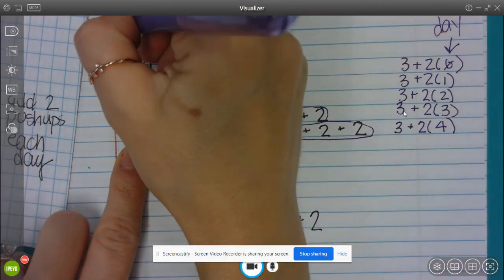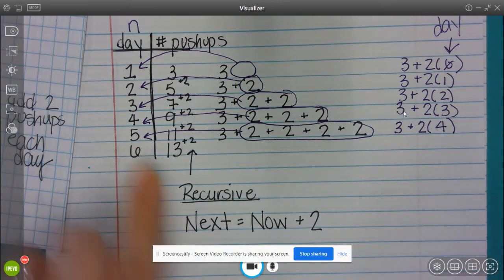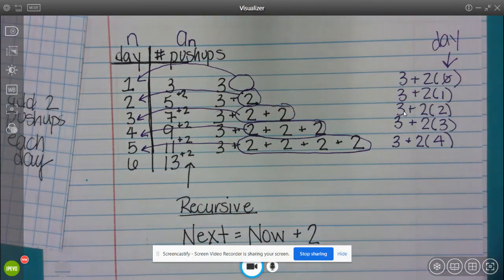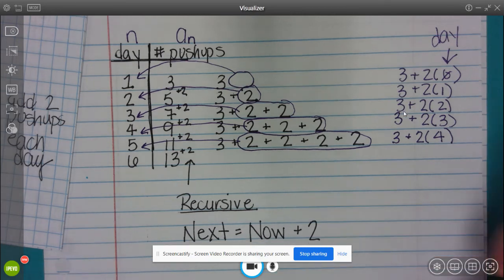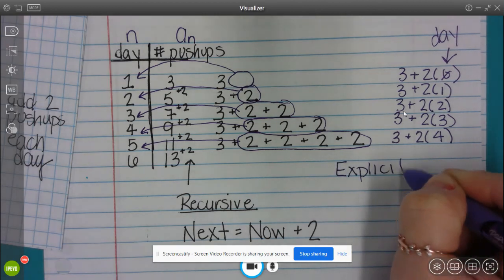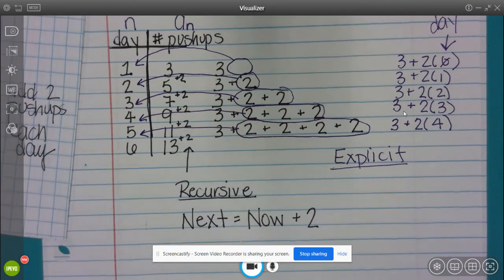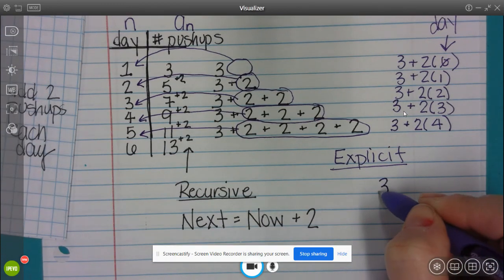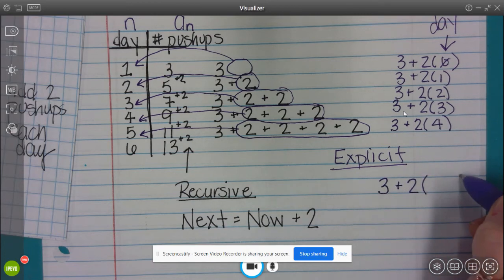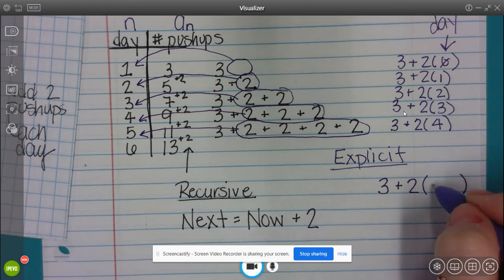So if I call the day number n, and you remember that funky notation we looked at, a sub n, and again, that's just a way to write output. It's like saying y equals or f of x. For my explicit formula, what I'm doing is I'm taking 3, I'm adding 2, but the number inside of the parentheses is 1 less than the day.